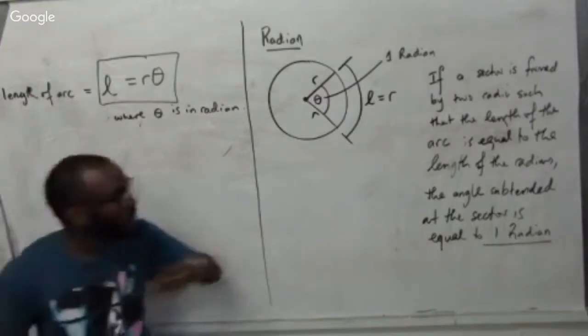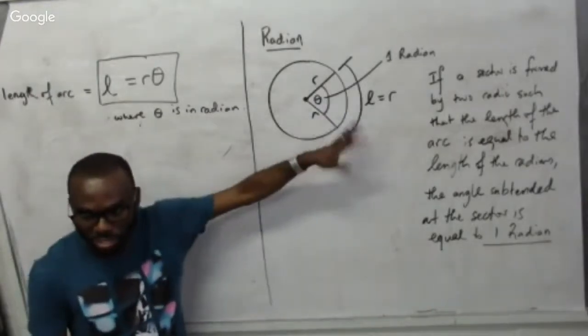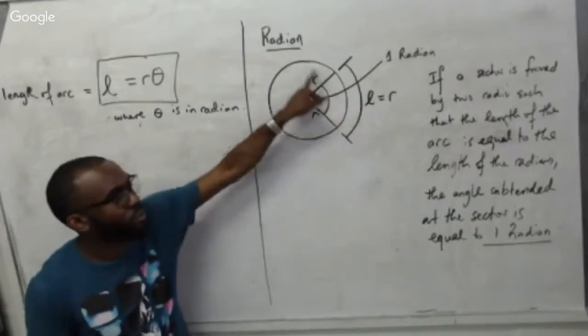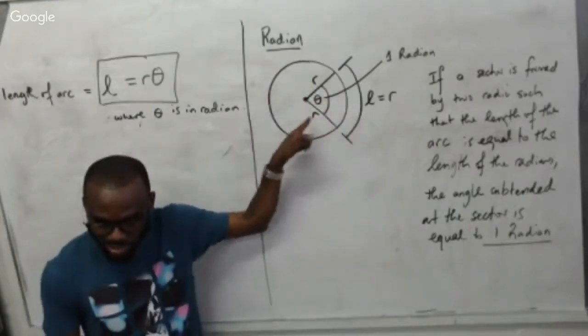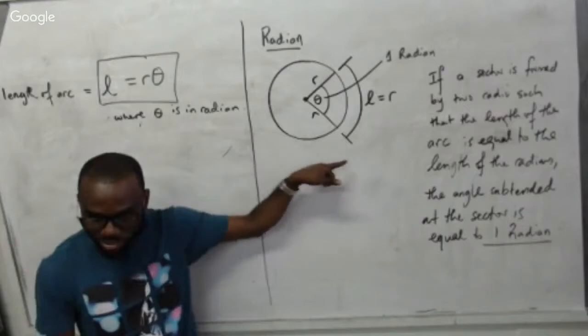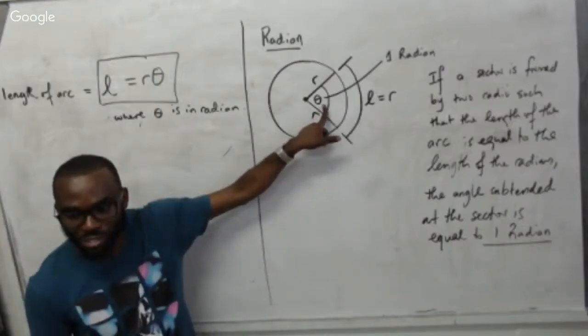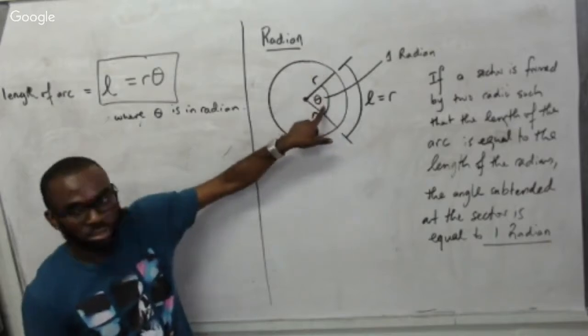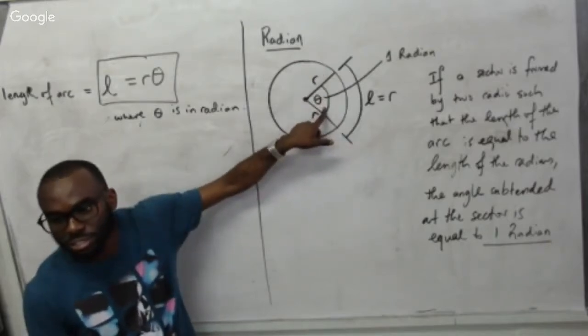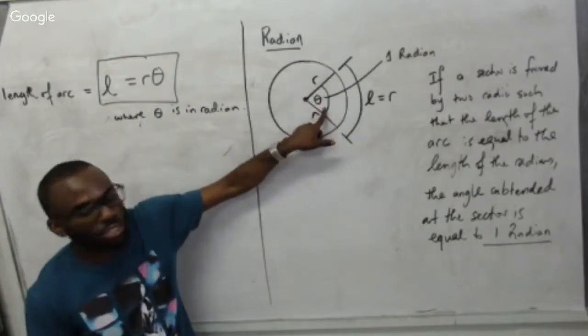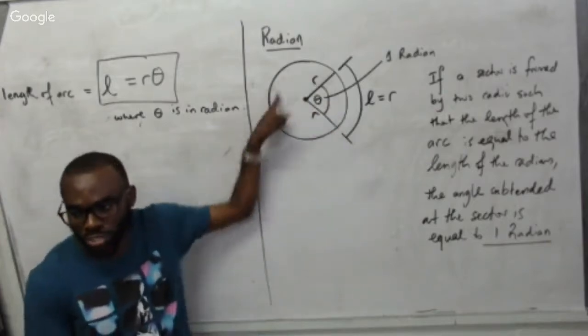You can determine the length of the arc by finding the total circumference, 2 pi r, and then finding what fraction of it the arc is. So if this is say 60 degrees, then it should be 60 degrees upon 360 degrees.